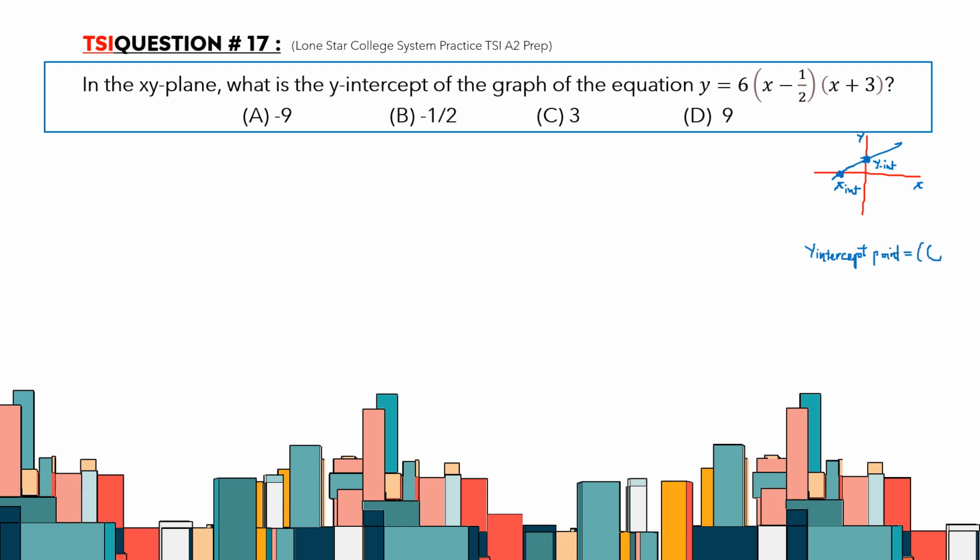that is (0, y-intercept). So basically, when x equals 0, then you can find the y-intercept.